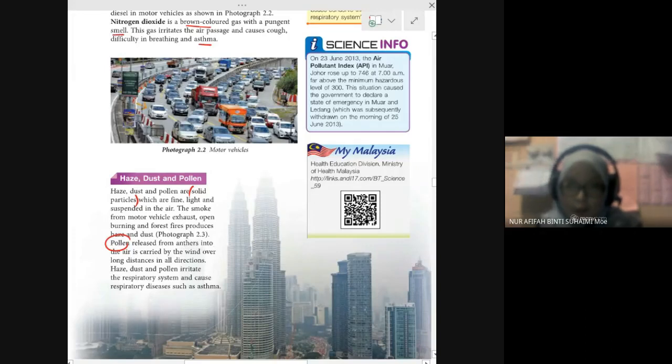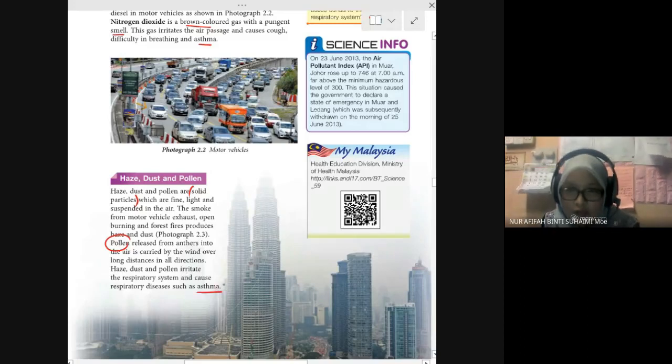So the air carries this pollen, carried by the wind over long distances in all directions. If there is too much pollen, let's say at the park, this one will cause asthma, difficulty in breathing. It irritates the respiratory system and causes asthma. Okay. Any question?